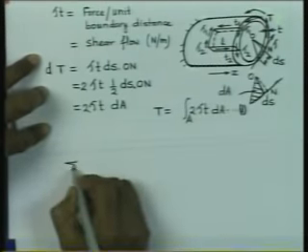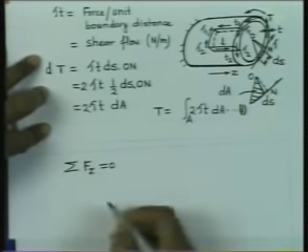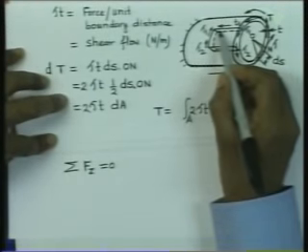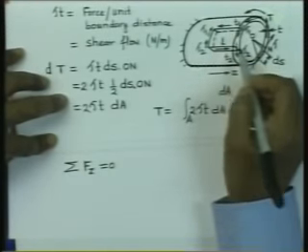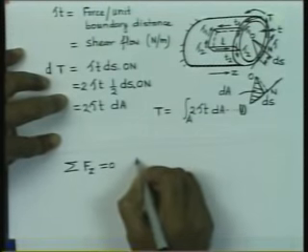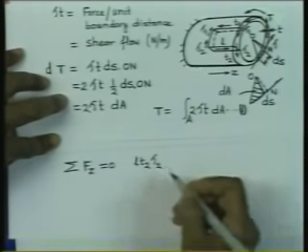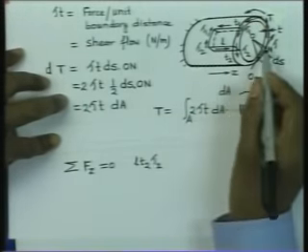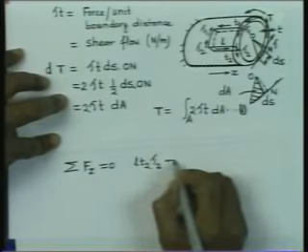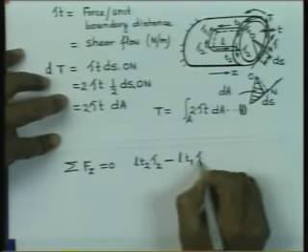Now, if I try to consider the sum of forces in the Z direction equal to 0, then forces in the axial direction are due to only this face and that face. This force here, L into T2 multiplied by tau 2, is acting in the positive Z direction, and the force on the other face is acting in the negative direction, it is L again, T1 into tau 1.